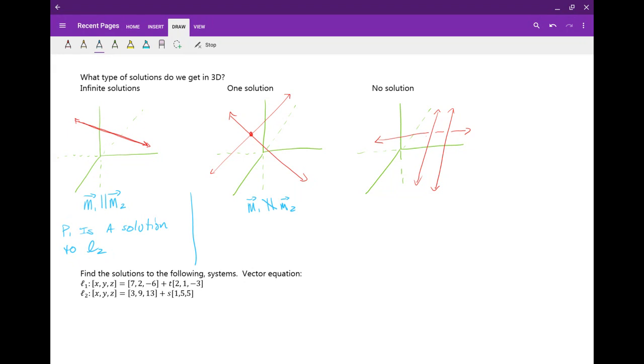And when we have a one solution, okay, what we end up getting is the z components are equivalent.